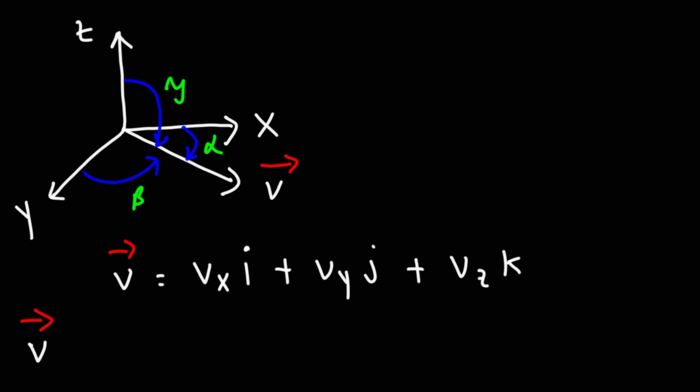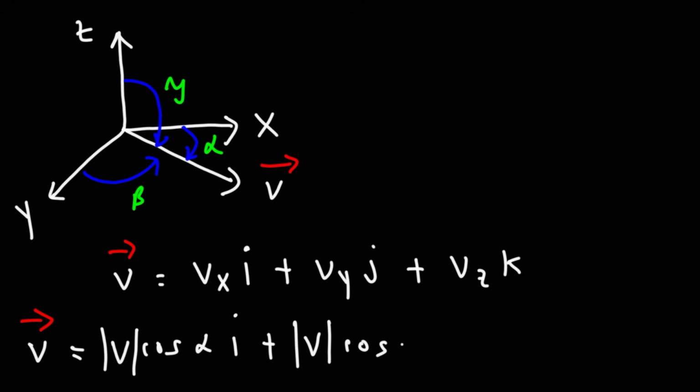Now, vx, the x component of vector v, is v cosine alpha. Now, of course, this is an absolute value. If I don't write an absolute value, just know that this is the magnitude of v. It's v cosine alpha times the standard unit vector i. Now, vy is v, not sine, but v cosine beta.